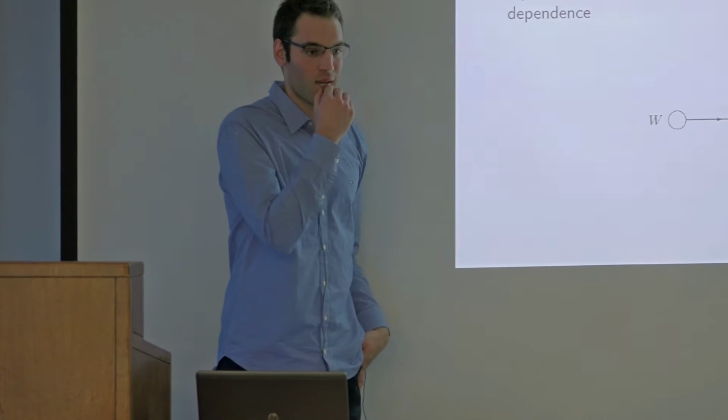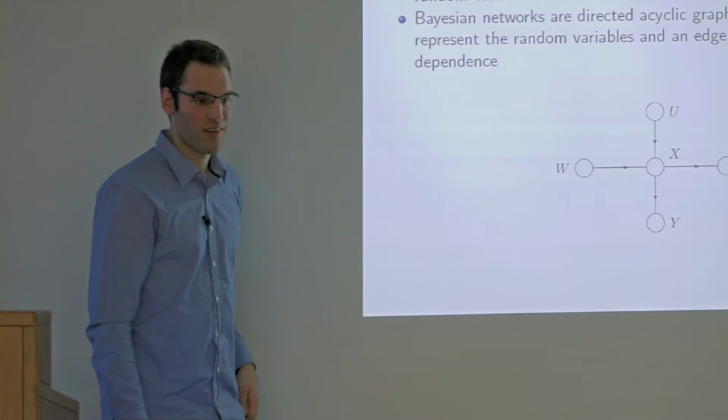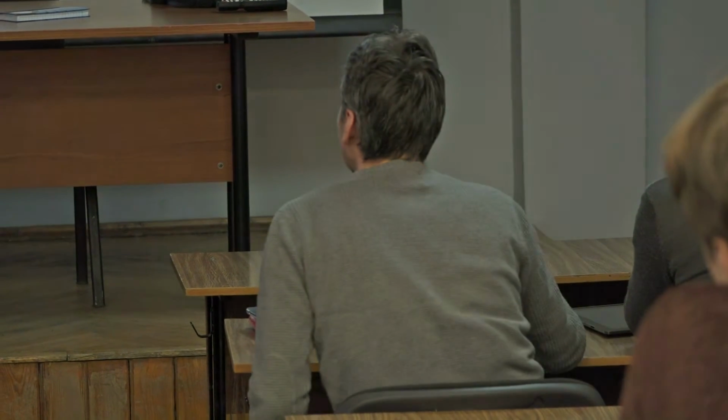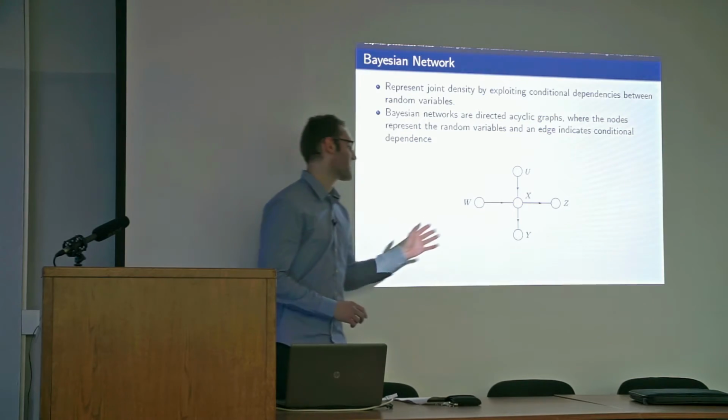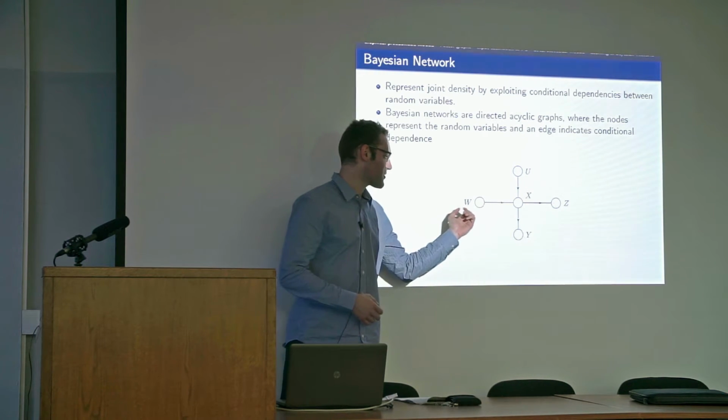I think you should give a hint that the joint density can be written by the chain rule, and by the rule that this is a product of probabilities of each node given all of its parents. Yes, right. This is a good point. It was a bit too much in the dark then. In this case, this arrow shows the conditional dependence.